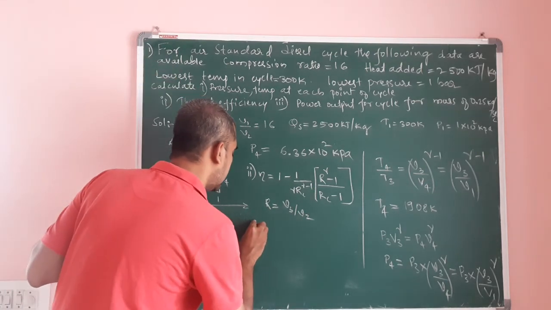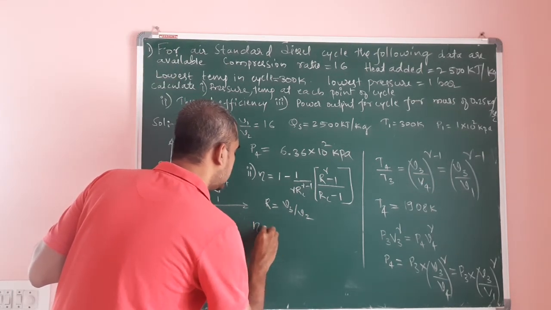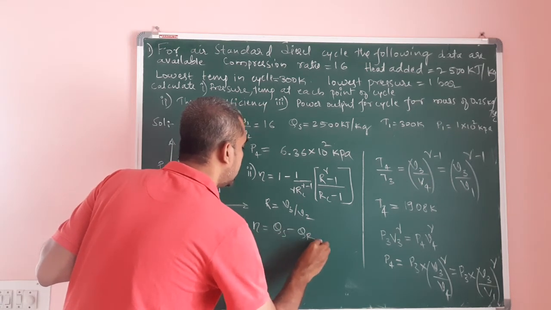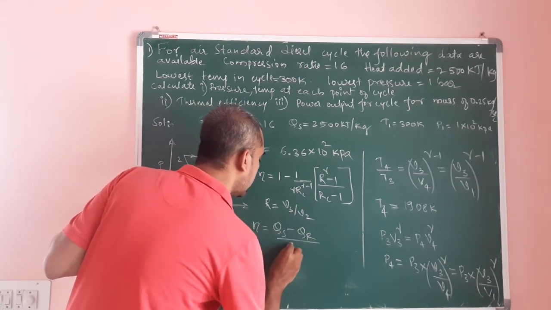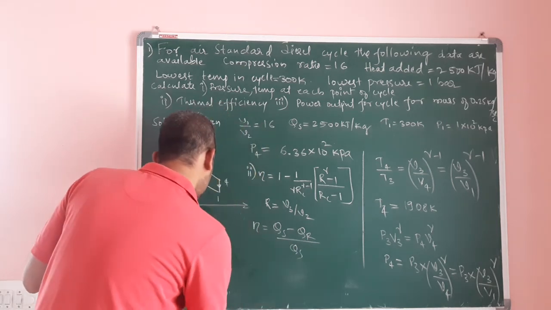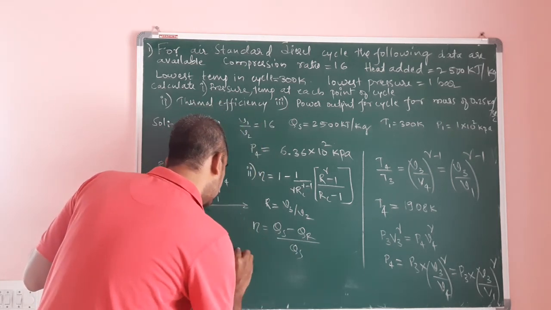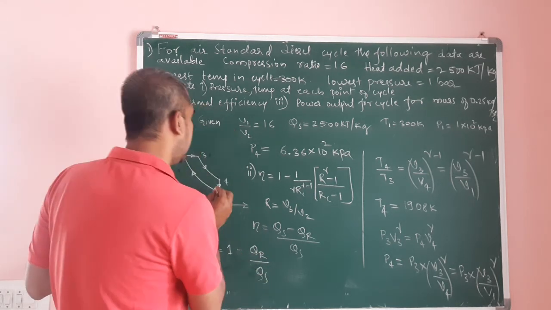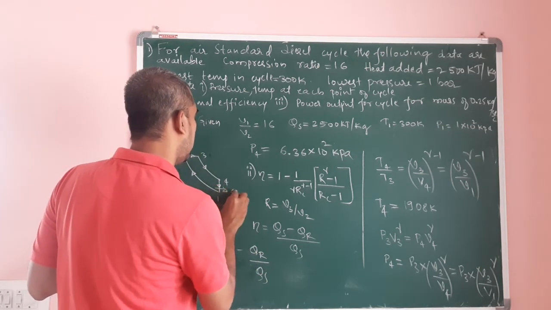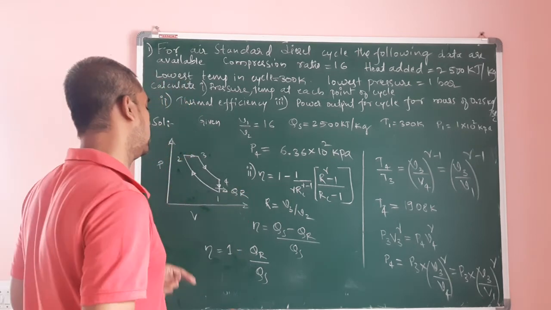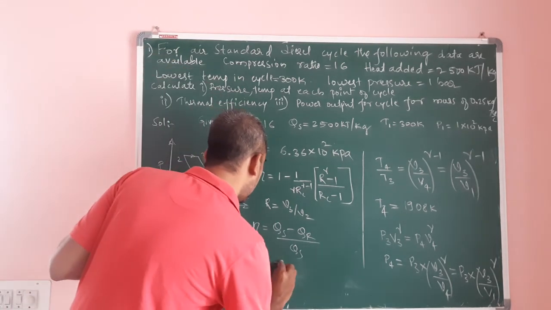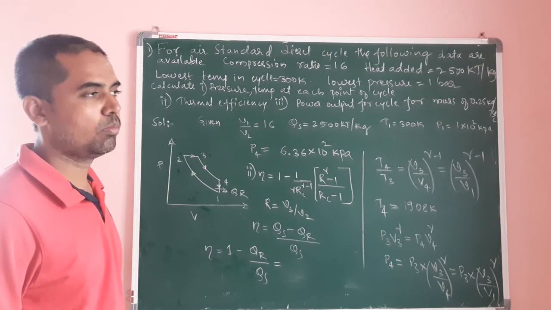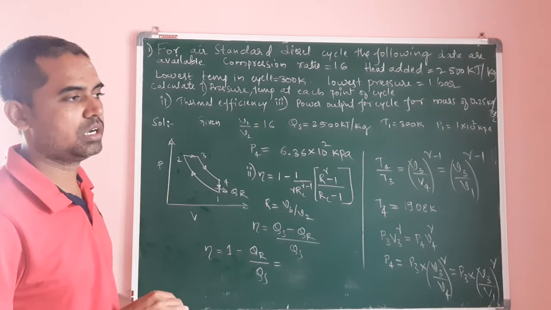Second way, you can calculate efficiency is equal to QS minus QR divided by QS, that is nothing but efficiency equal to 1 minus QR divided by QS. Heat is rejected here, QR, during the process 4 to 1. How to calculate QR? Heat rejected in a constant volume process is equal to CV into final temperature minus initial temperature.